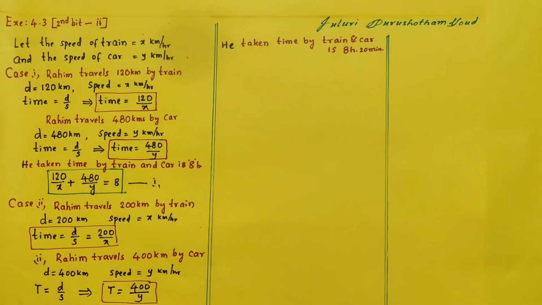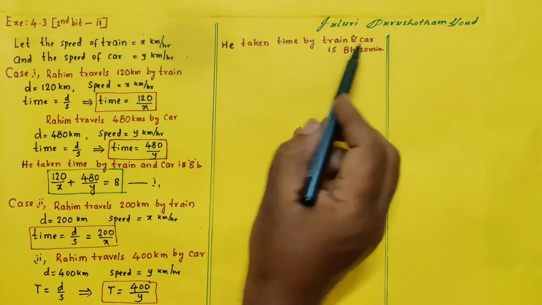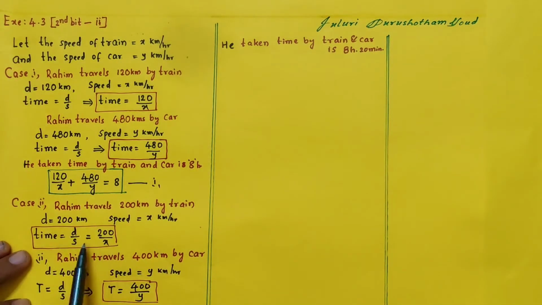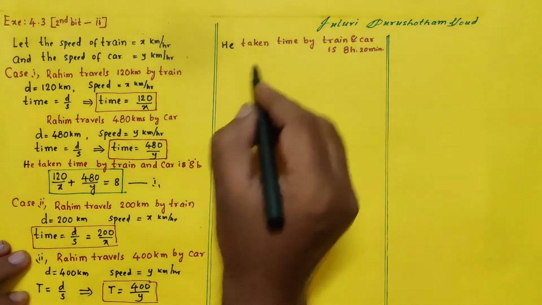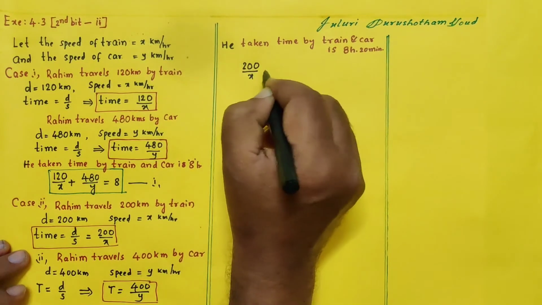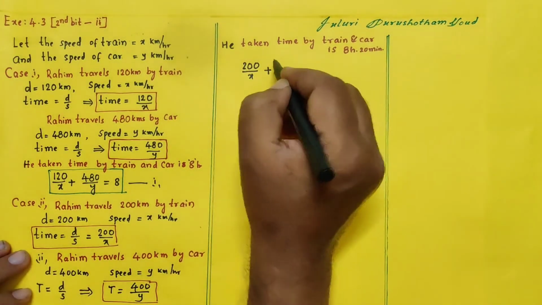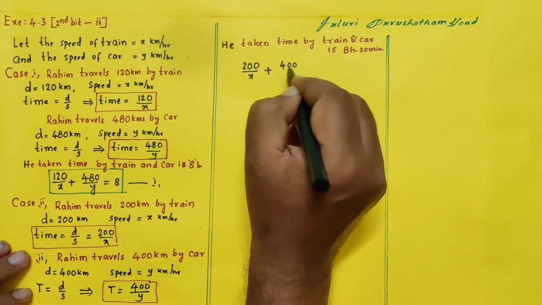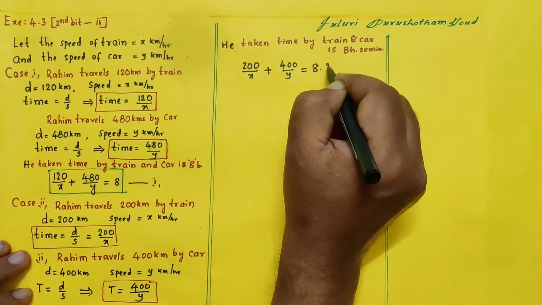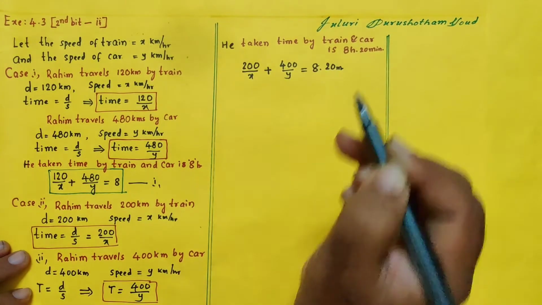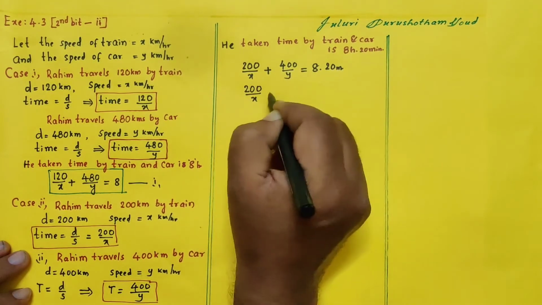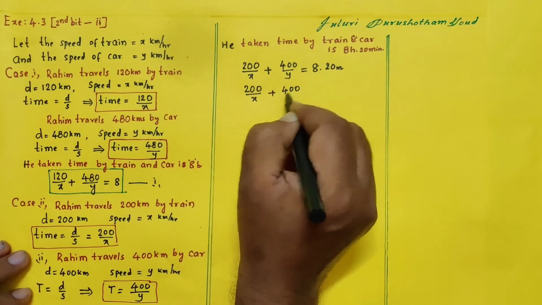The time taken by train is 200 by x plus 400 by y, and this total is equal to 8 hours 20 minutes. So we write 200 by x plus 400 by y.